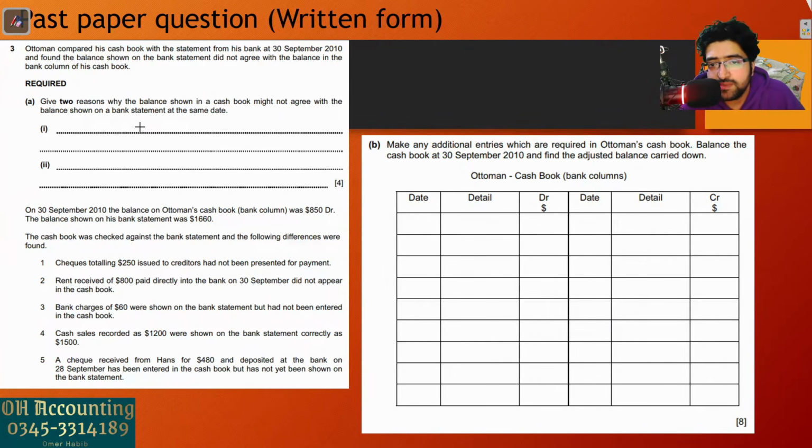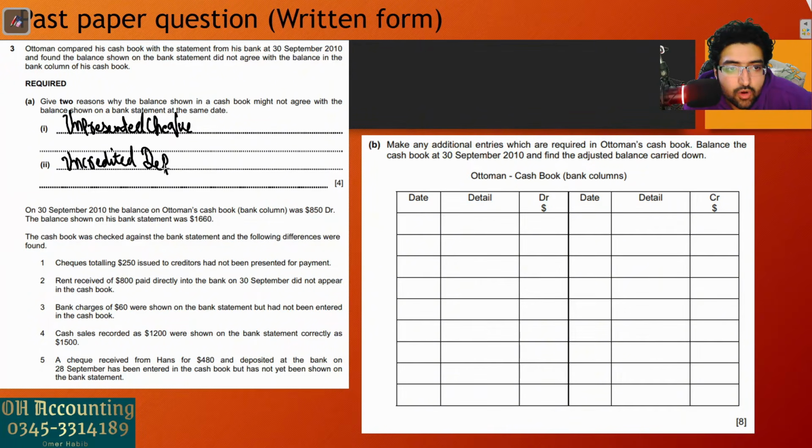How is it possible that there's a different balance on the cash book and on the bank statement? You can simply write this can be because of unpresented checks. Checks that you have given to people but they have not gone to the bank yet to collect the money. The second reason can be uncredited deposits. There are also a lot of other reasons.